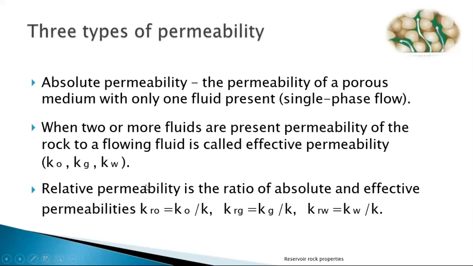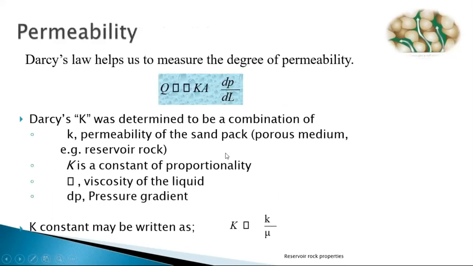The relative permeability is, you see here, oil versus the effective one. Relative permeability is the ratio of effective to absolute. This is how we define it. But the explanation, as I said, is like when two students are running together, the speed of one.